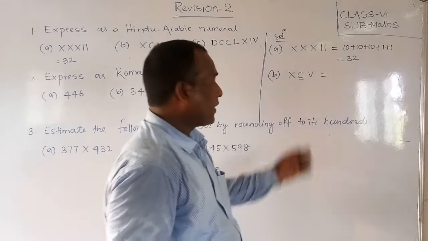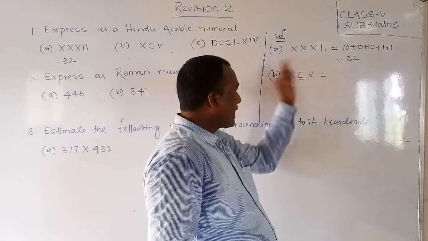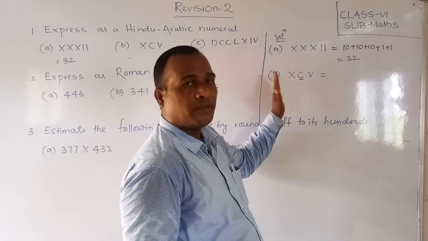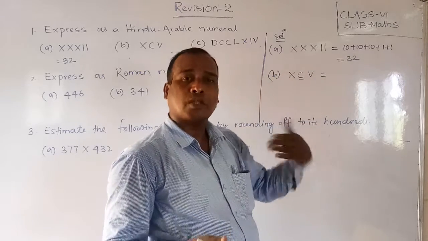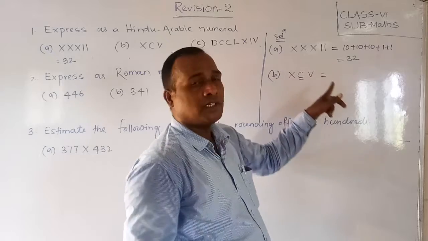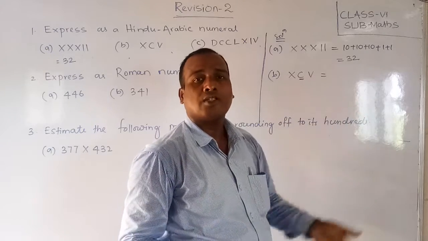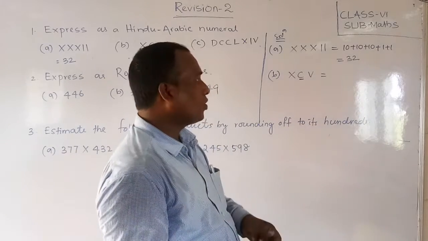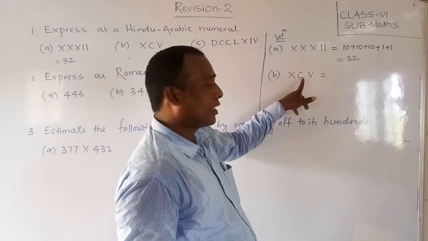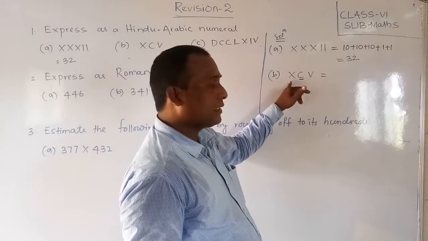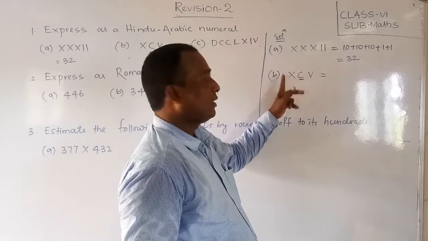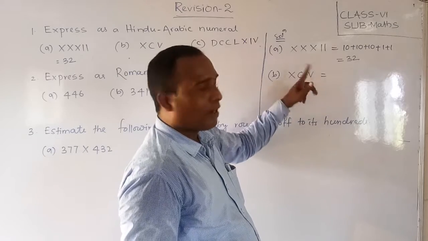If there is a number on the left side of the biggest number, you have to subtract. If a smaller number is on the right side of the big number, then you have to add. I have already told you the rules. So here the biggest number is 100 and the smaller number is 10. So 100 minus 10. Next, what is on the right side? Then you have to add.